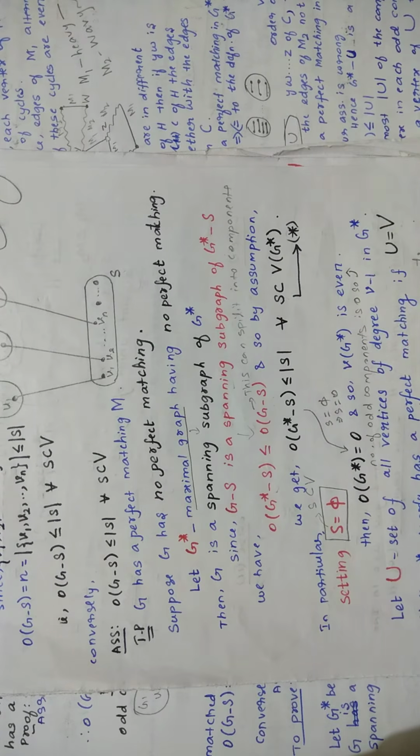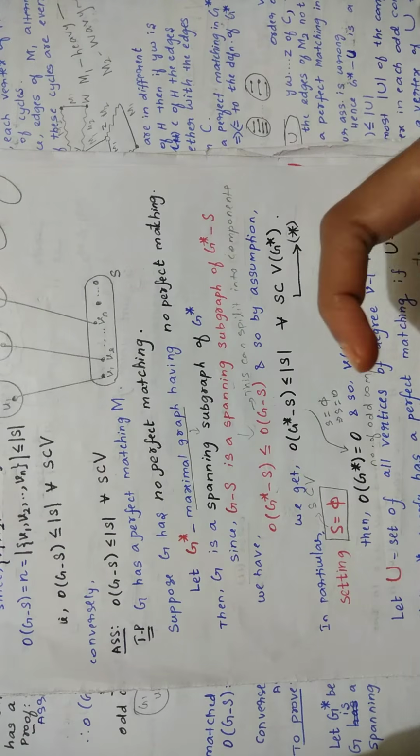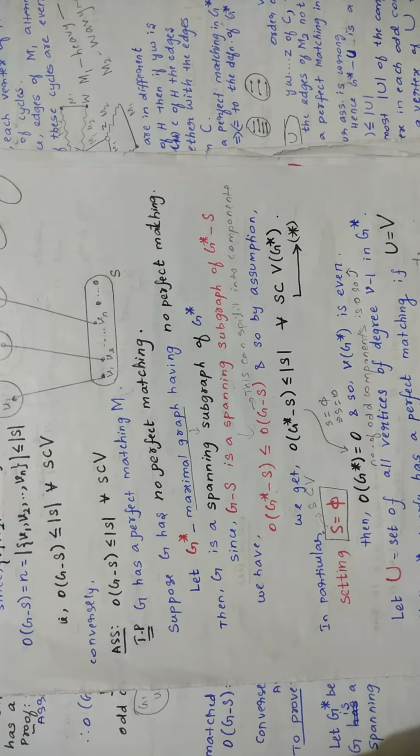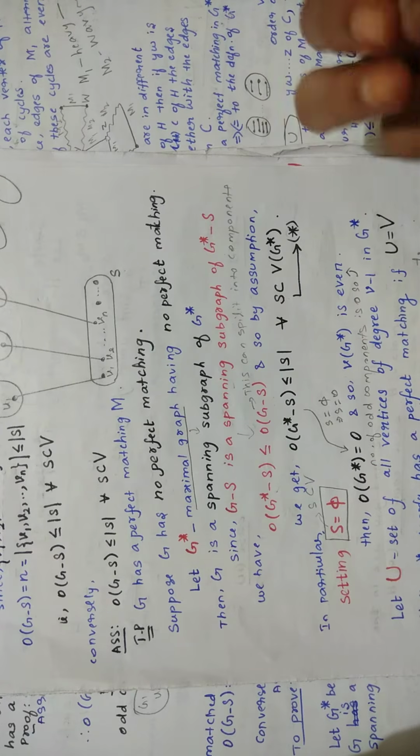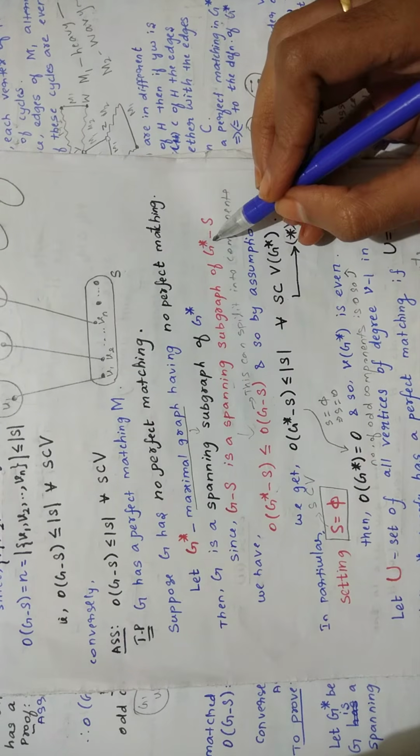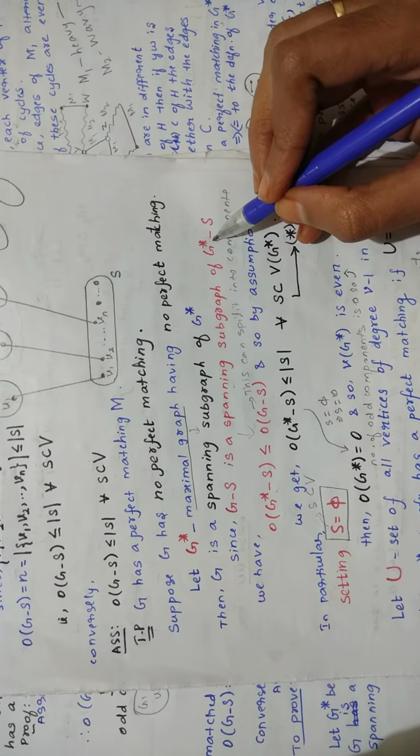You know what a spanning subgraph is, right? Spanning subgraph means when you remove any of the edges from the graph, it can become disconnected, and the possibility of more components is high when comparing with this graph.